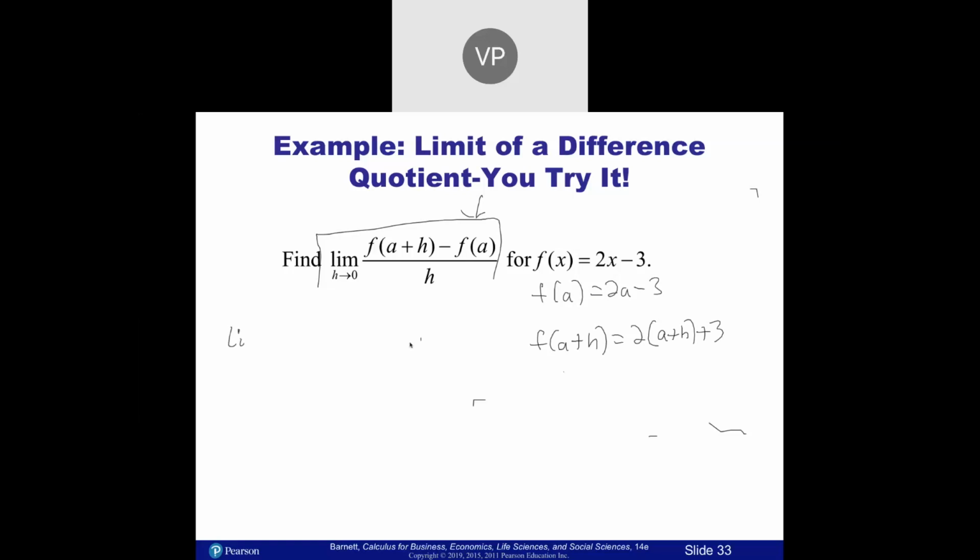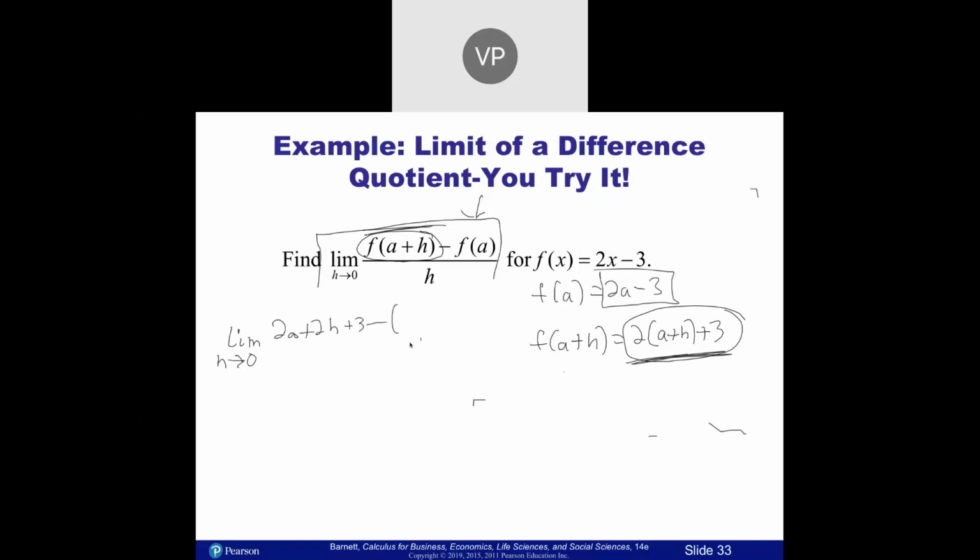So I'm going to rewrite the limit as h approaches 0. In place of this right here, I'm putting this. So it's 2a plus 2h plus 3. That entire thing I just circled right here is replacing this.